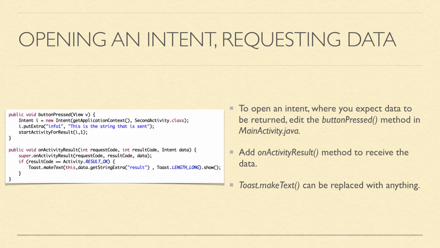So you're saying I'm expecting some data back. And I can't remember what the number 1 does. I just know you need it there. And then you have another method in there, on activity result, which returns the information. And it's the same way, get string extra result, and I'm just popping that up on screen.